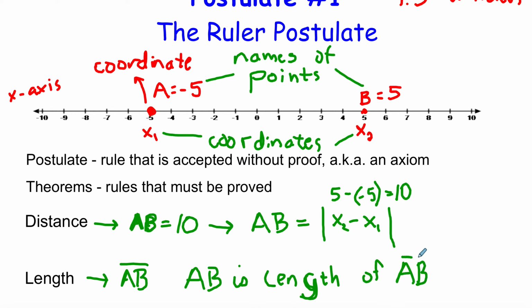If we drew this as a segment, the length of that segment would be 10, and A would be one endpoint and B would be another endpoint. So that's the ruler postulate. Basically it says that we can put points at different values, and if we needed to, we could use this formula to find the distance between these 2 points.